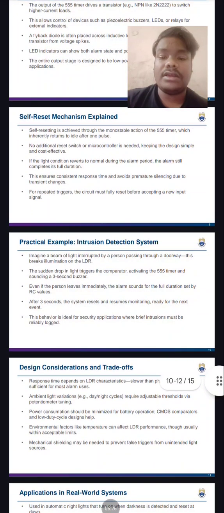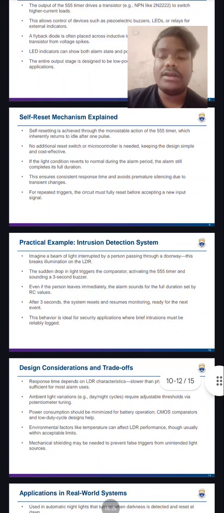Self-resetting mechanism explained. Self-resetting is achieved through the monostable action of the 555 timer, which inherently returns to idle after one pulse. No additional reset switch or microcontroller is needed, keeping the design simple and cost effective.